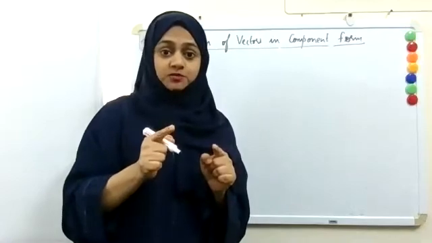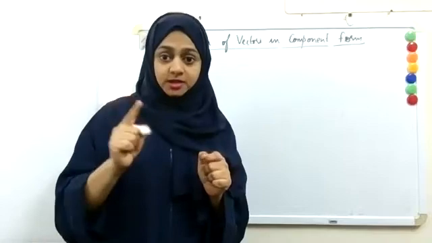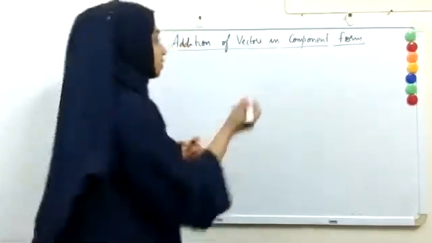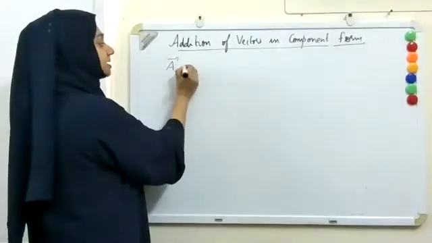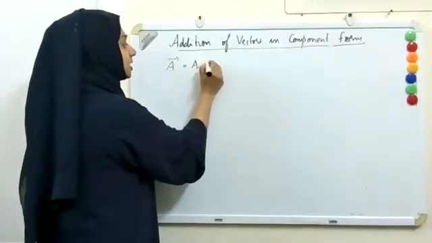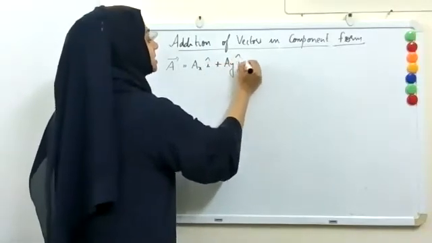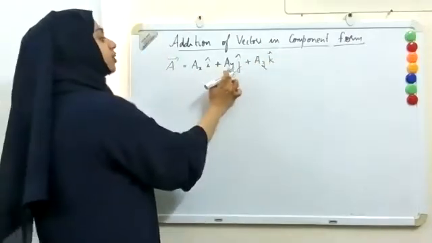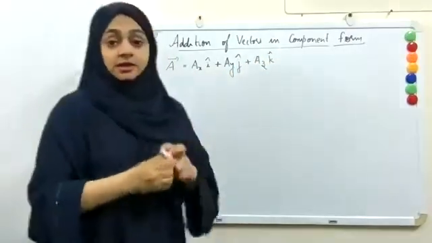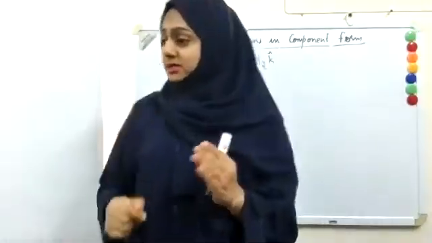Remember, what are the unit vectors along x, y, and z axis? i, j, and k. So if I have any vector a, I can represent it as ax i unit vector plus ay j plus az k, where ax, ay, and az are the lengths of these vectors along the x, y, and z direction.